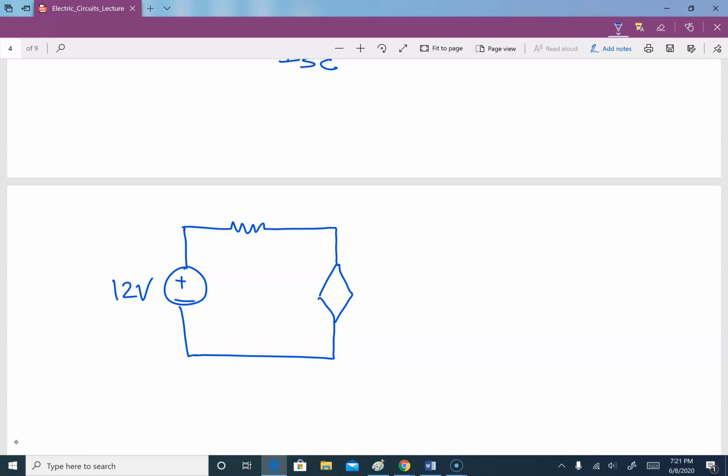12 volts, 6 ohm, 2ix, 3 ohm, and this is where our capacitor is, so we need to short it and find I short circuit.